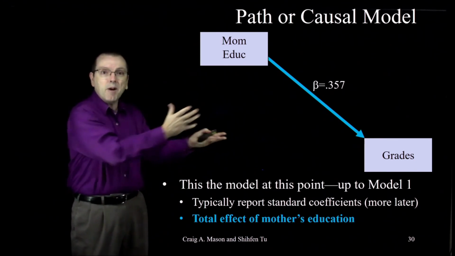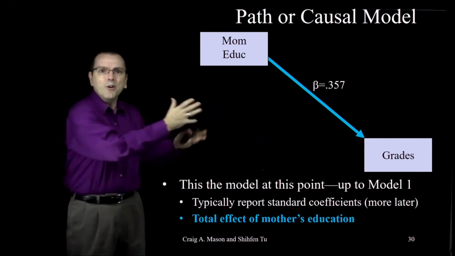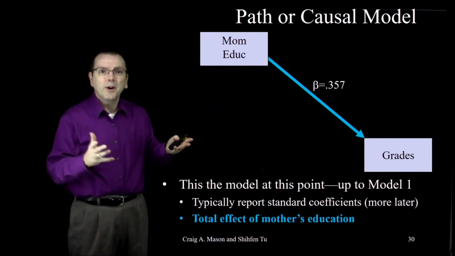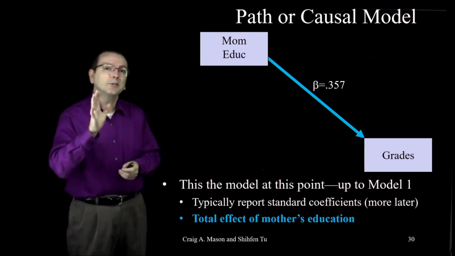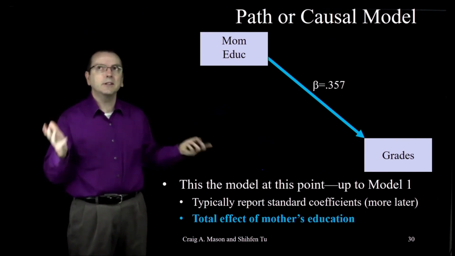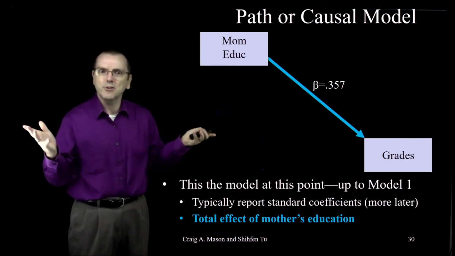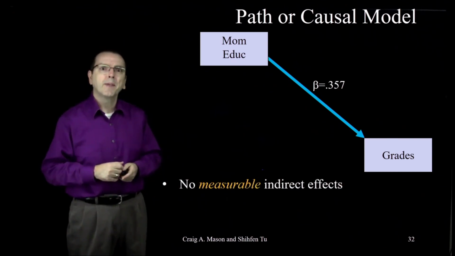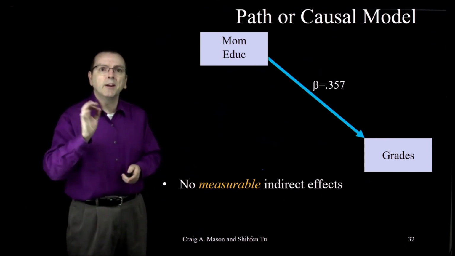But in this model, there are no indirect effects yet, are there? There are no other predictors, so we can't have any indirect effects. As a result, at this point, the total effect is the direct effect, or you can think of it as the direct effect is the total effect. That's all there is.